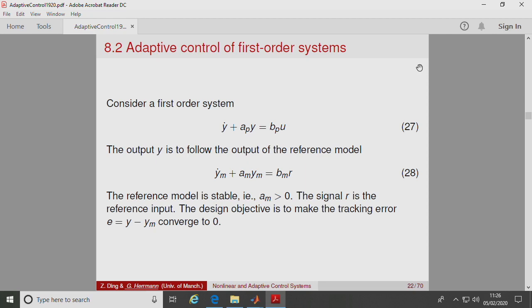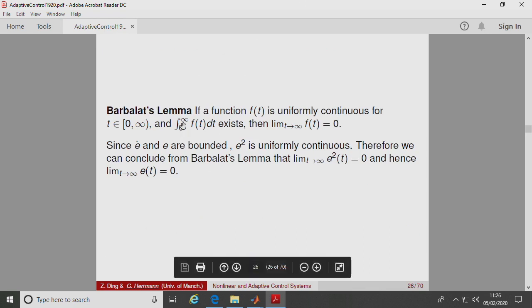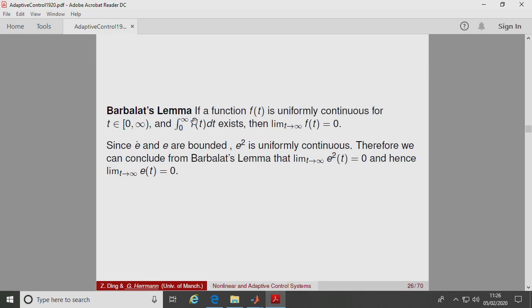So Barbalat's lemma says, let's have a look at what we are getting here: for a function f which is integrated from 0 towards infinity, where this integral has a finite value, and f is then so-called uniformly continuous, a stronger form of continuity, then f converges to 0.